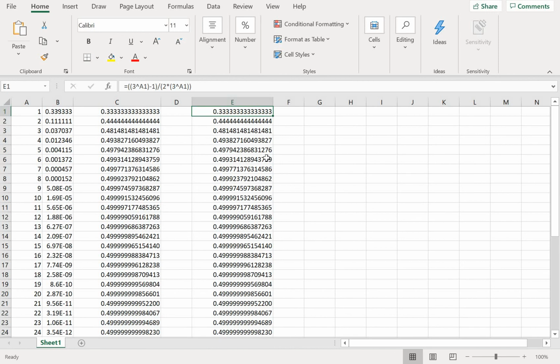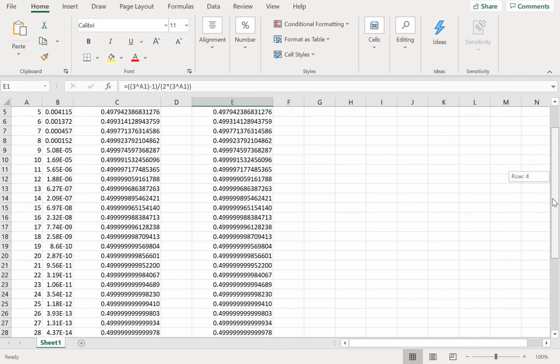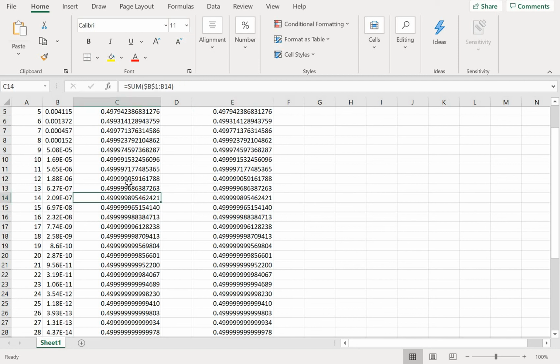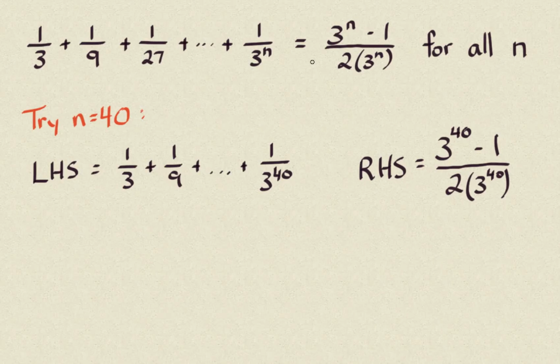Now, if you remember your geometric series, this shouldn't actually be surprising to you because we're dealing with a geometric series that has a ratio of less than 1. So this is a convergent series. But regardless, as you look along between the sum of the series, remember this is using the sum, and this formula here, which is the right-hand side formula, all the values are the same.